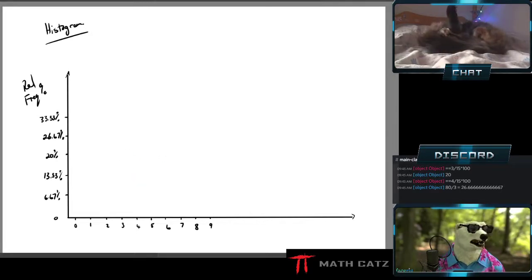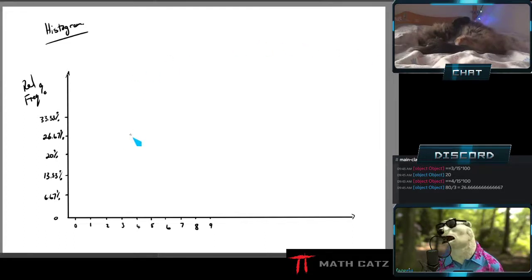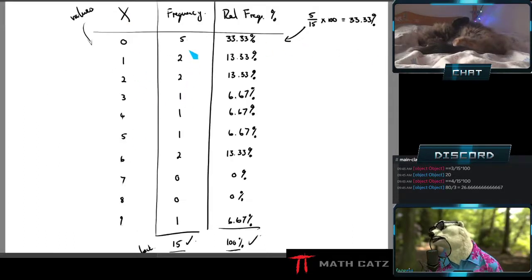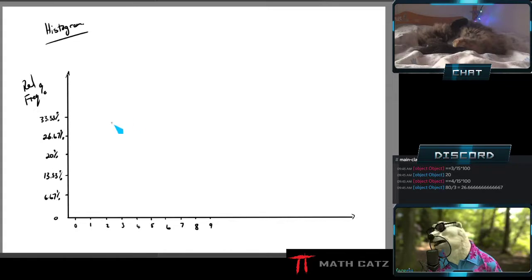I want to take note of the height of the bars being the frequencies. So 5, I'm going to change to maybe like this, make a little bar. I have the highest bar, 33.33%.